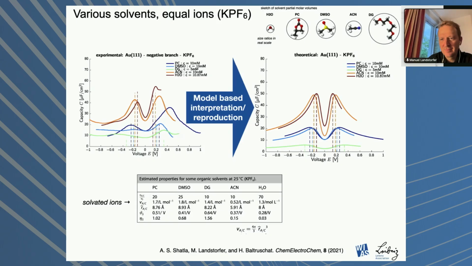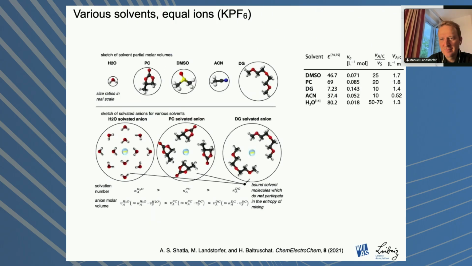And if you now look into this line of solvated ions, we actually find that the capacity maxima are weighted with the dielectric constant, so it's not a one-to-one map, but you can recompute the partial molar volumes of the solvated anions and cations in the different solvents, and it does look as if they really have almost the same size among different solvents, even though they are very different in the sense that you can have very different solvation numbers.